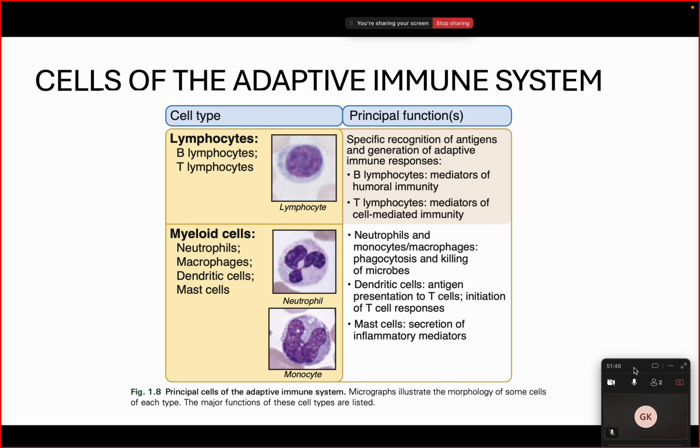So, what are the functions of lymphocytes? They are involved in specific recognition of antigens and generation of adaptive immune responses. B cells basically mediate the humoral immunity, and T cells are involved in the cell mediated adaptive immunity.